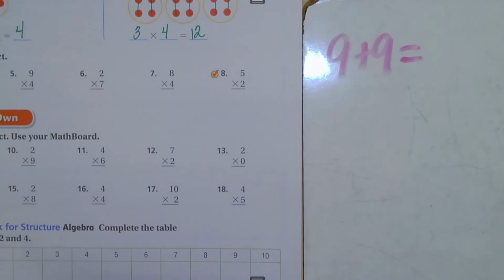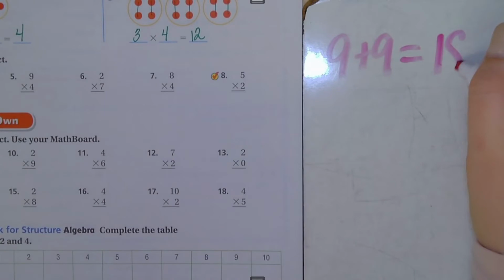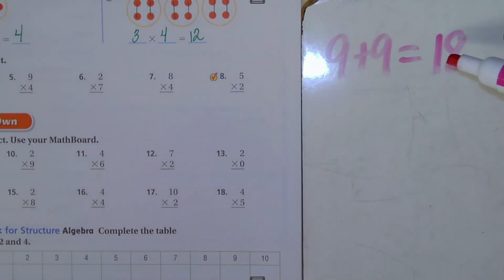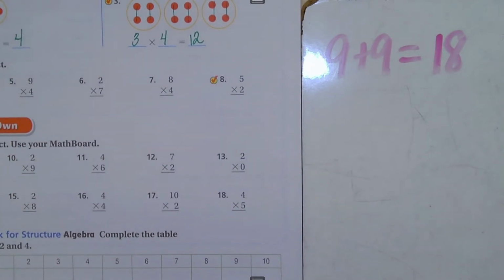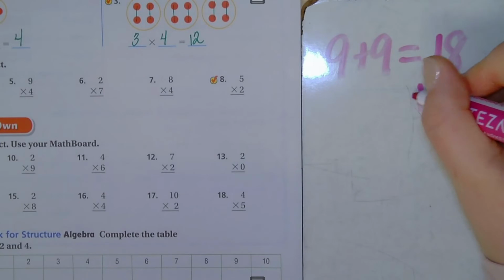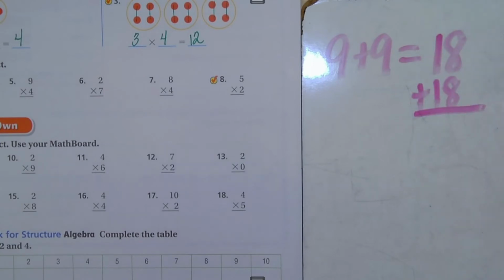What is 9 plus 9? 18. So 9 plus 9, or 2 times 9, is 18. But I need to double it to find what 9 times 4 equals. So to double this, I need to add it again. So 18 plus 18 is 36.